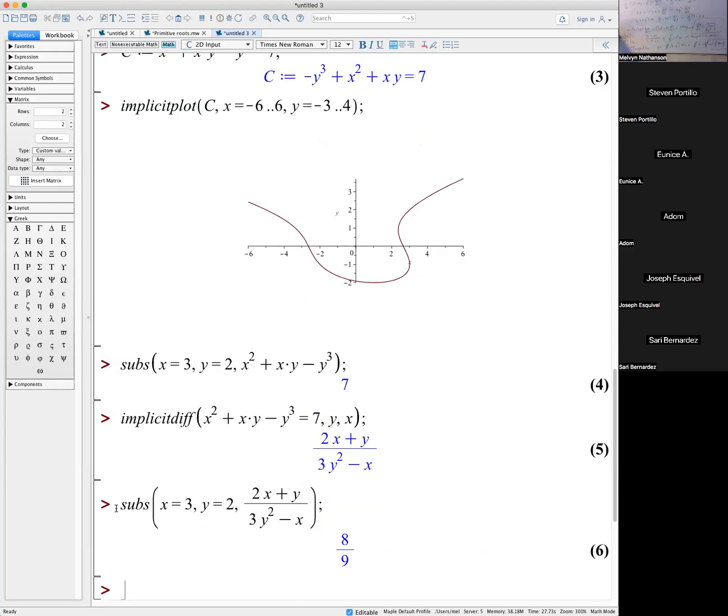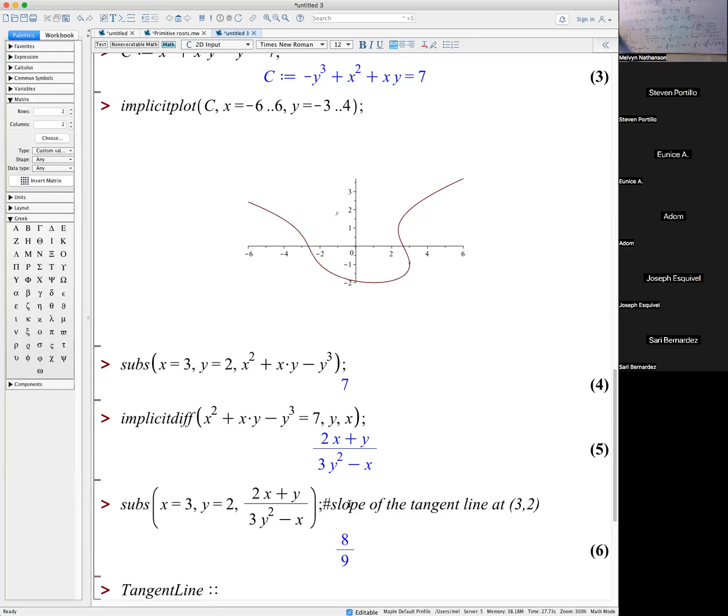This is the slope of the tangent line at the point 3, 2. So what is the equation of the tangent line? Let me just give it a name. I'll call it tangent line.